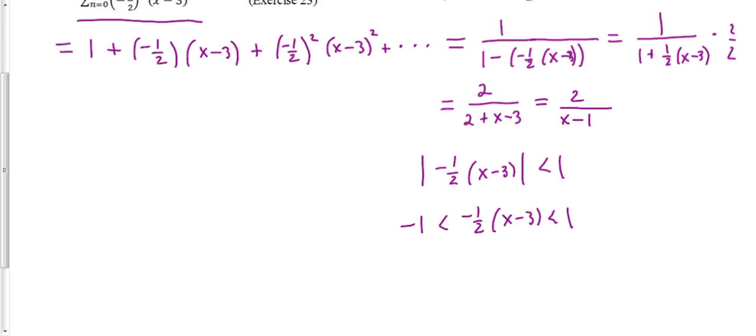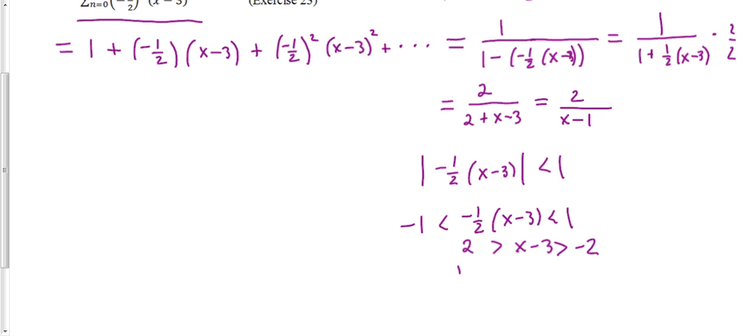I'm going to begin the simplification by multiplying through by -2. Remember that when you multiply through by a negative number in an inequality, you have to flip the signs of the inequality. I've already forgotten to flip them, so this should really give me 2 is greater than x minus 3 is greater than -2.